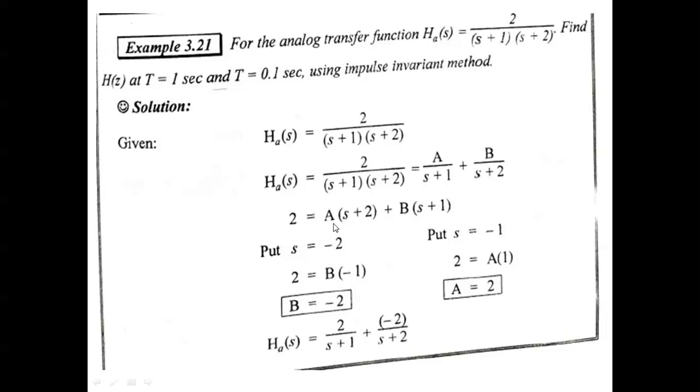So 2 equals A(s plus 2) plus B(s plus 1). Put s equal to minus 2. Then the A term becomes 0, and you get B equal to minus 2.